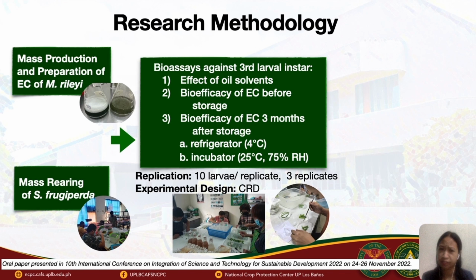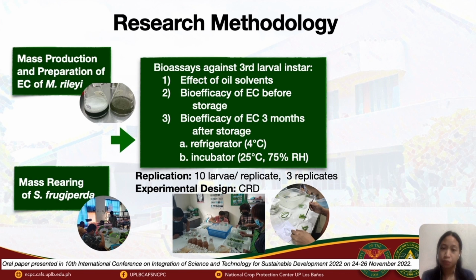We then conducted bioefficacy experiments using third instar larvae. Three tests were conducted. The first experiment tested the effect of oil solvents. The second tested the bioefficacy of EC formulations before storage. And the third experiment assessed the bioefficacy of these EC formulations after 3 months.